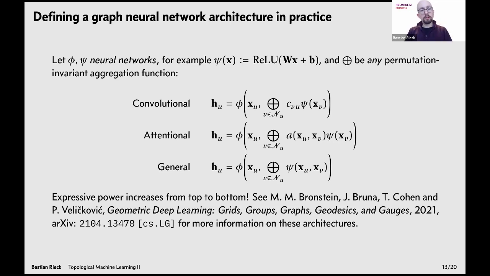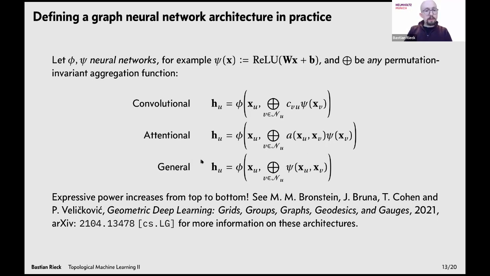You could have a convolutional architecture which applies phi to the attributes of a node and the sum or the aggregated attributes of its neighbors. You could have an attentional architecture which adds an additional attention term depending on how relevant the connection between U and V, between the source and the target, is.